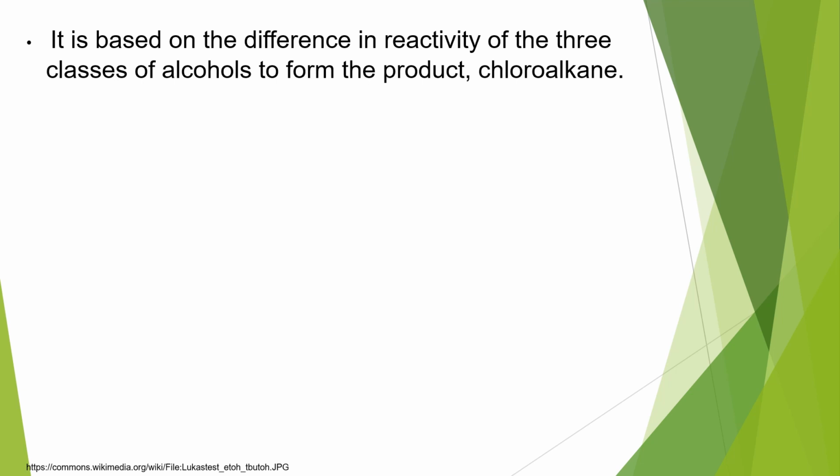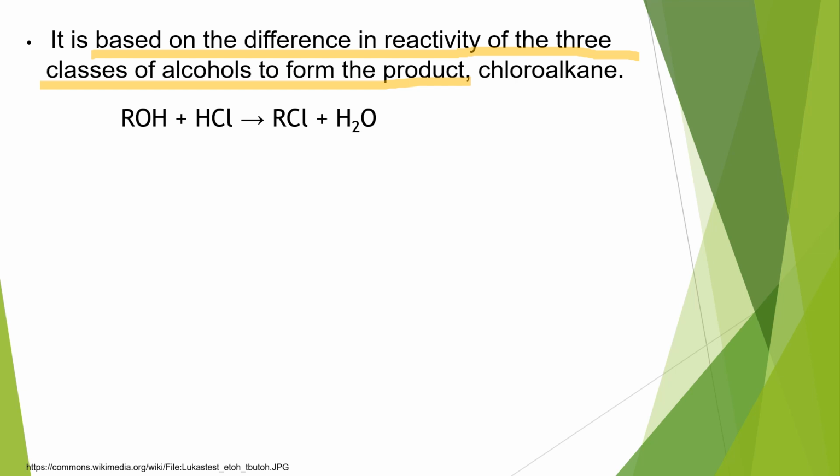Okay. This test is based on the difference in the reactivity of these three classes of alcohols to form the product. So which is the product that is formed? It is chloroalkane. So you take an alcohol wherein it reacts with the HCl in the presence of zinc chloride, which is nothing but this HCl zinc chloride mixture is the Lucas reagent.